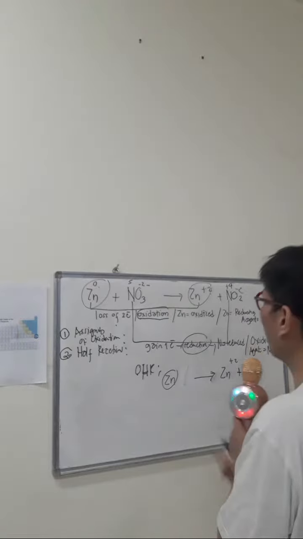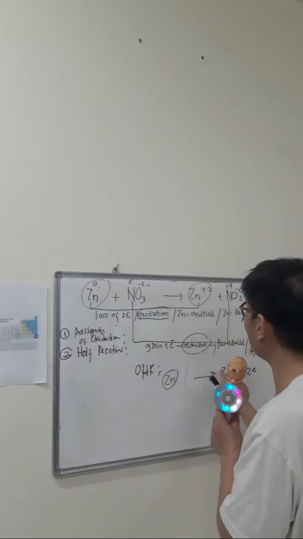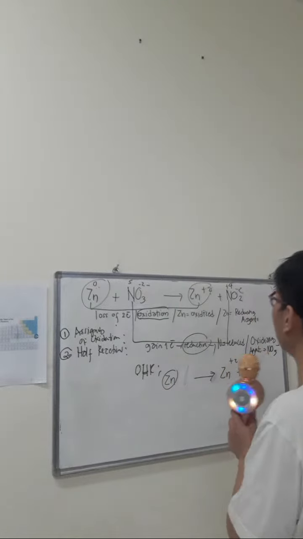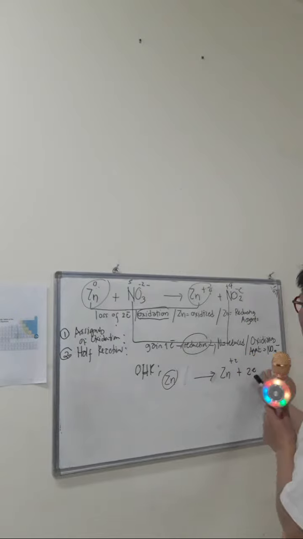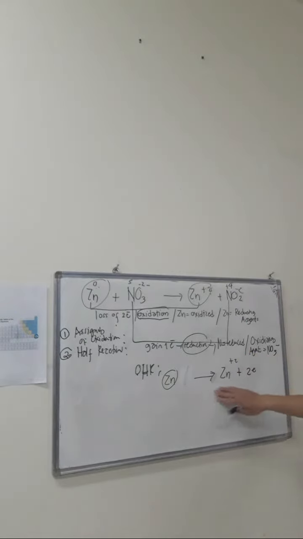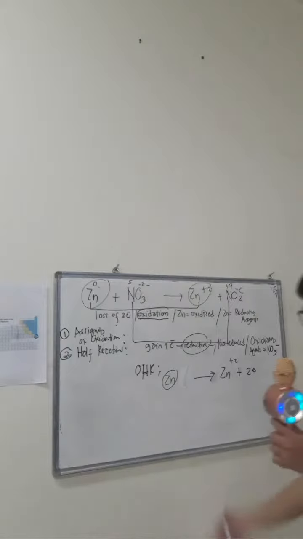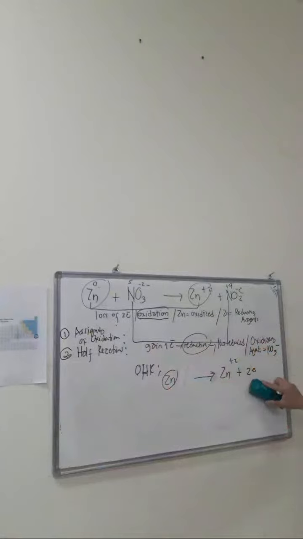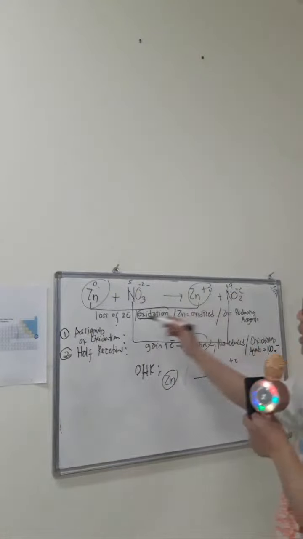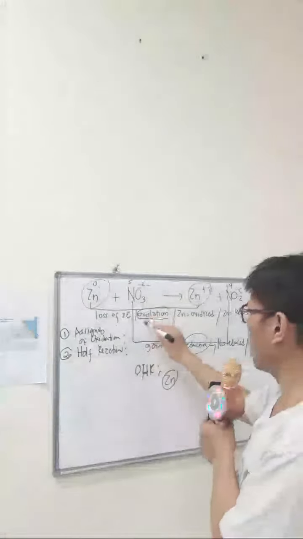Zinc, 1 mole of zinc, 1 mole of zinc. Perfect. Now this is also okay because I go directly. But if we balance the charges, we will also determine 2 electrons here. I put 2 electrons because there is loss of 2 electrons.